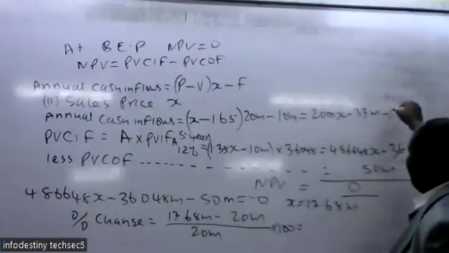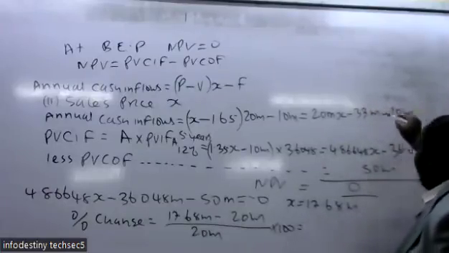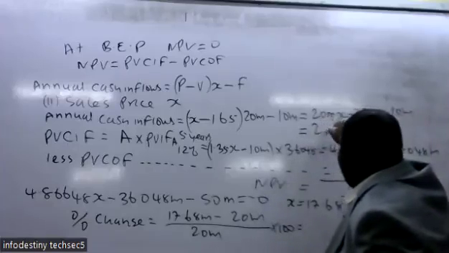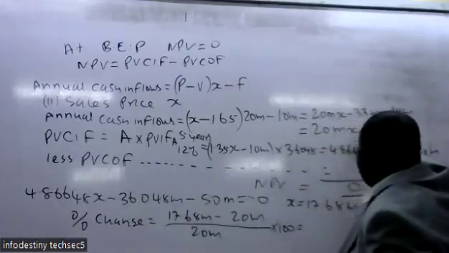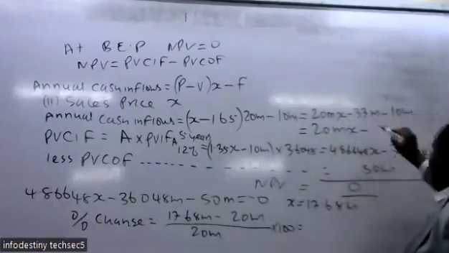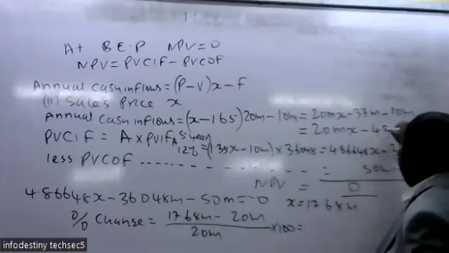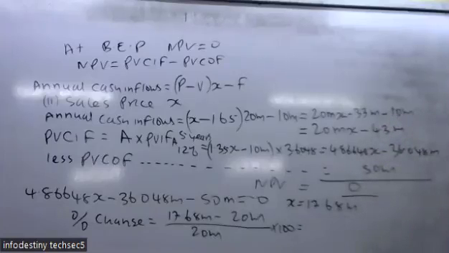Then you also minus 10. So finally our annuity is going to be 20 million x minus 43 million.